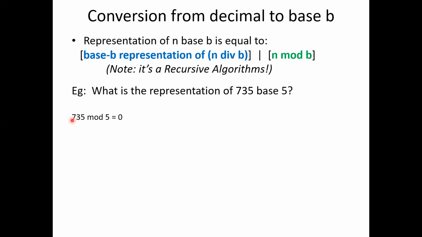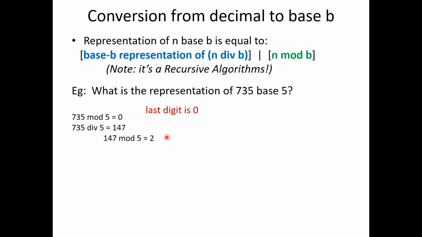So take 735 and divide by 5. 735 mod 5 is 0, because 735 is a multiple of 5, and the multiple is 147. You can cross multiply and check. So the last digit is 0, and now we run recursively. What is 147 mod 5?